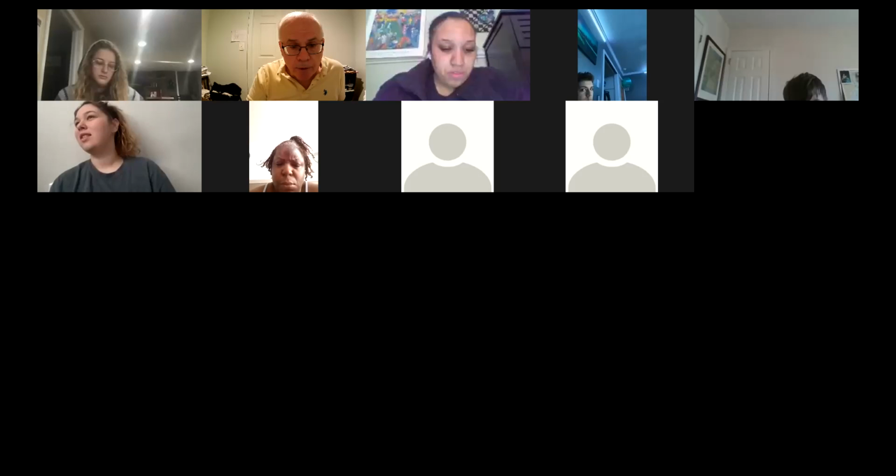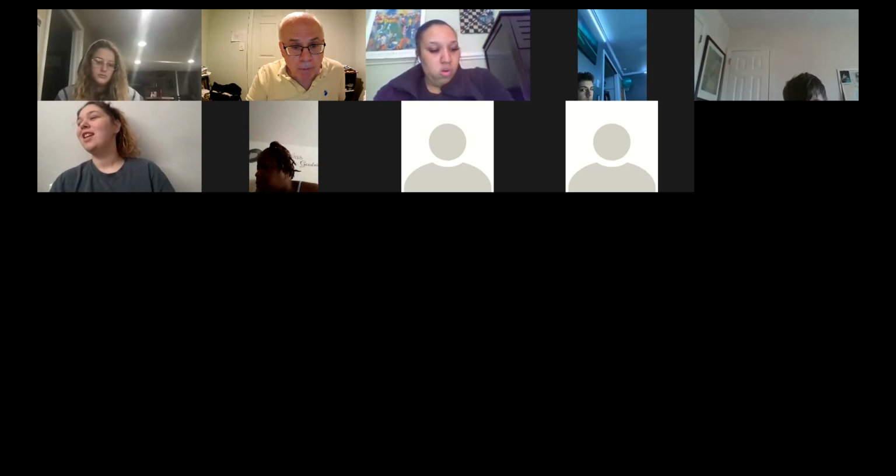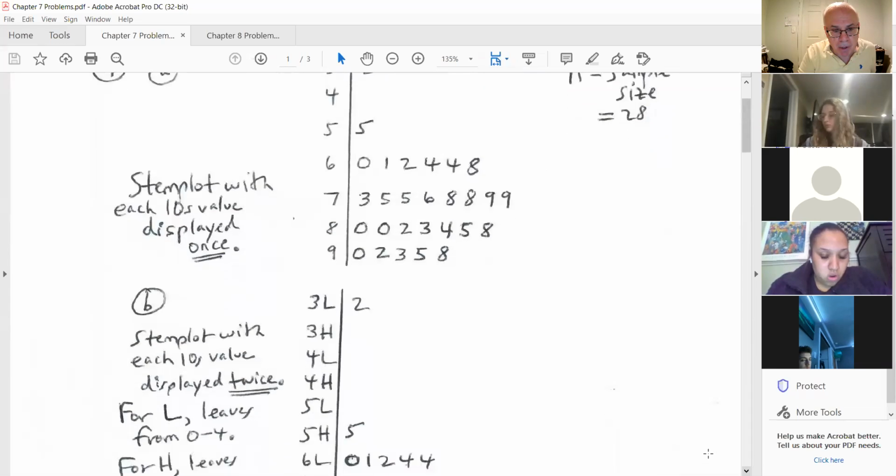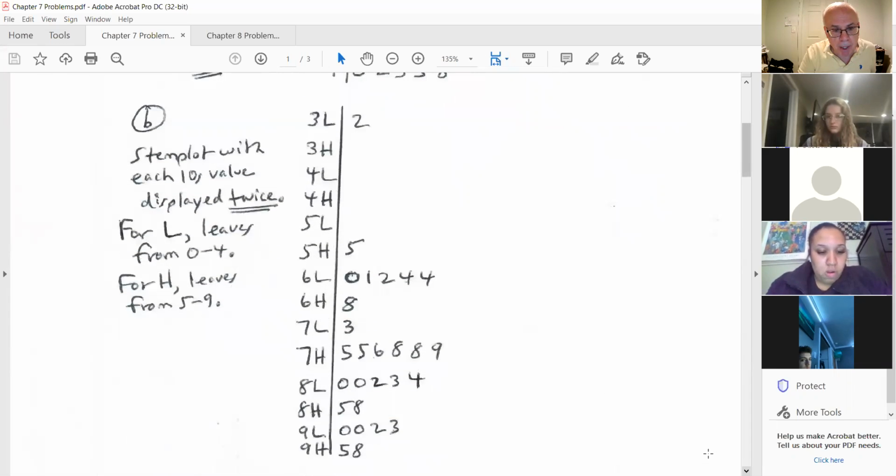Well, let's go back to my solution. If you look at the first one, you see all the numbers are sort of crammed together. Even though you could see that most of the numbers are higher numbers, there was not much difference between the 60s, 70s, 80s, and 90s. But if you did the second plot, things are more spread out.